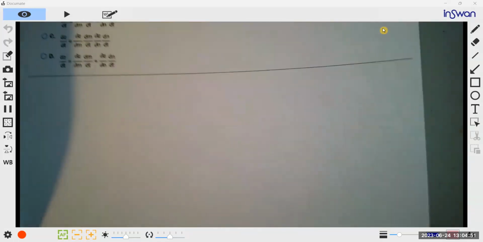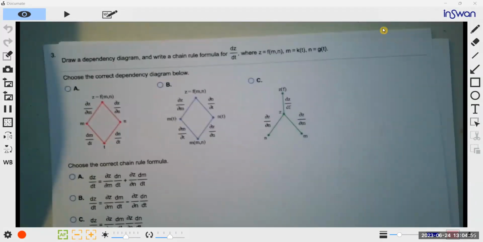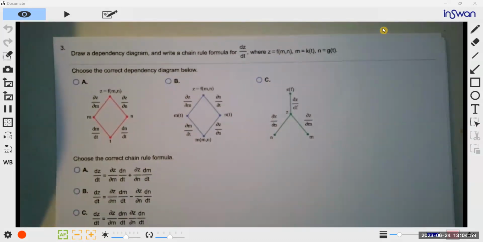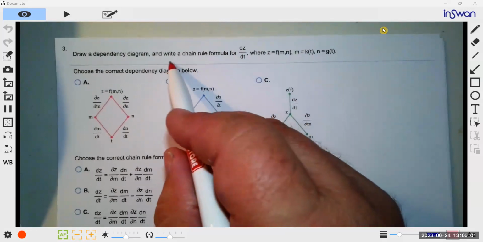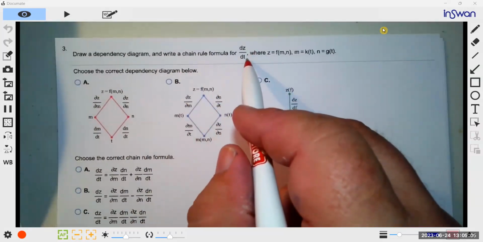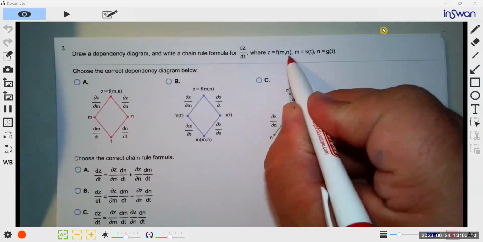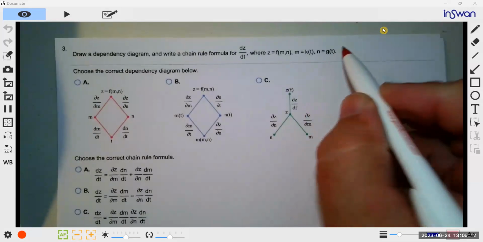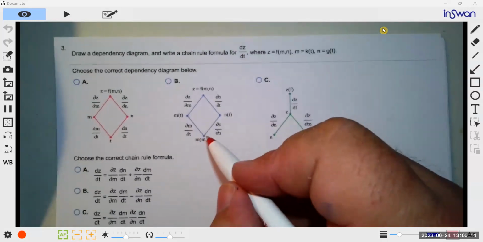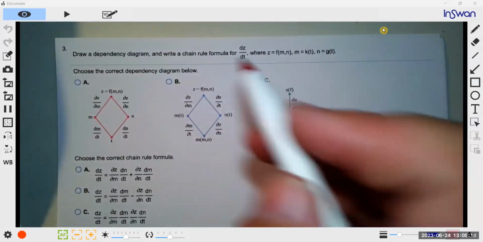Number 3. Okay, this one's looking at the dependency diagrams. Draw a dependency diagram and write a chain rule formula for this. z equals f of m, n, m is kt. So z equals f, that's wrong.